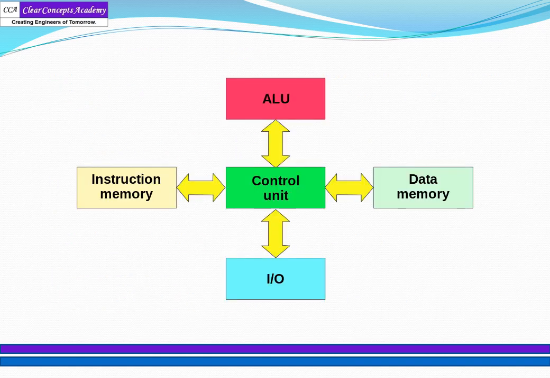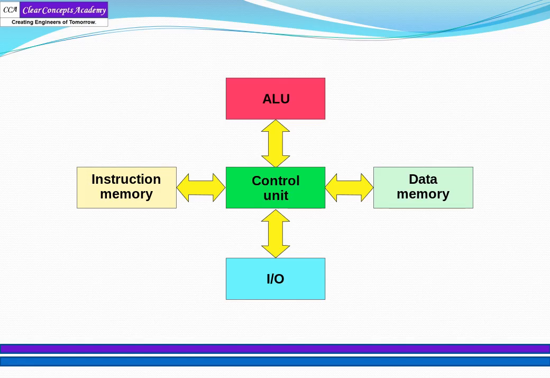This is the architecture of PIC microcontroller. This is the control unit, data memory, instruction memory, arithmetic logic unit, and I/O. As we have seen, there are two separate memory locations, one for storing the instruction and the other for data. This is a bidirectional bus to flow the data in both directions, instruction flow in both directions, and this is the data flow in both directions.